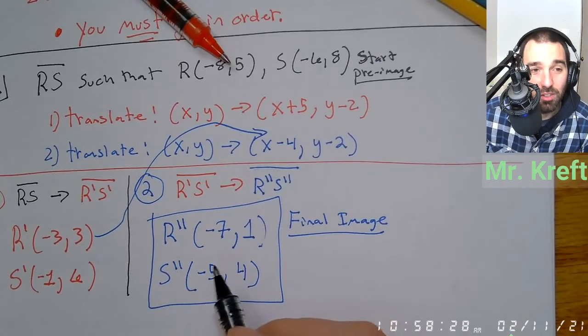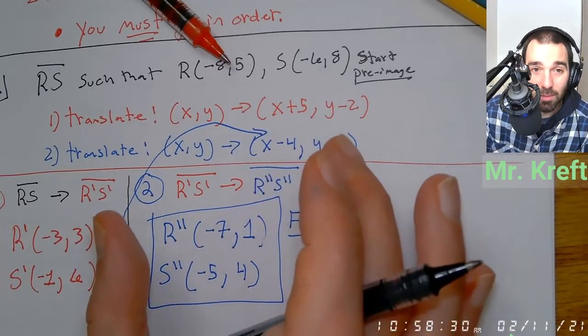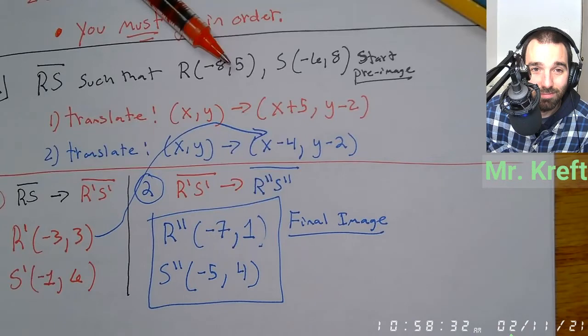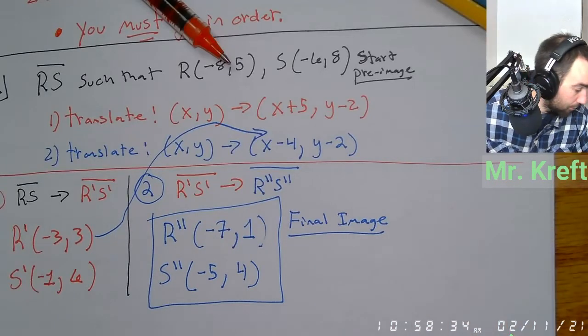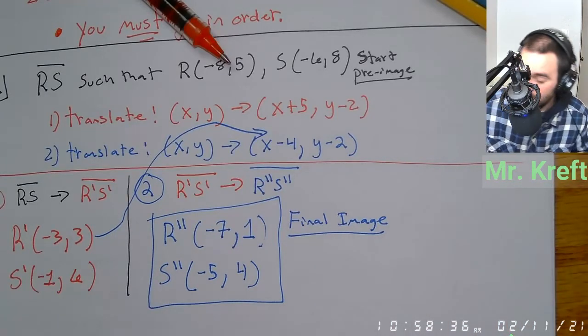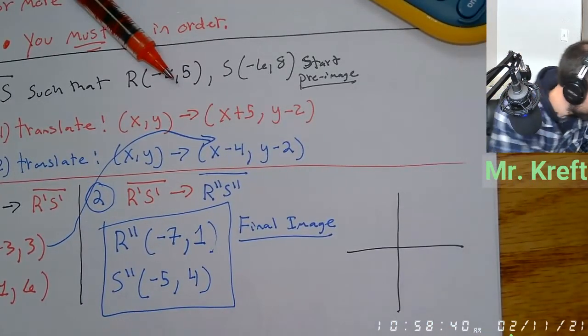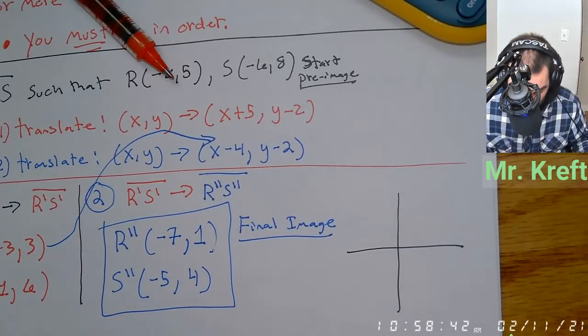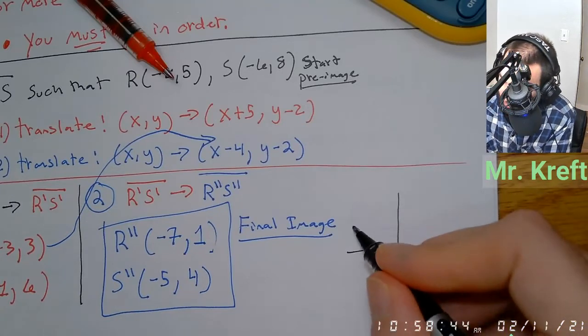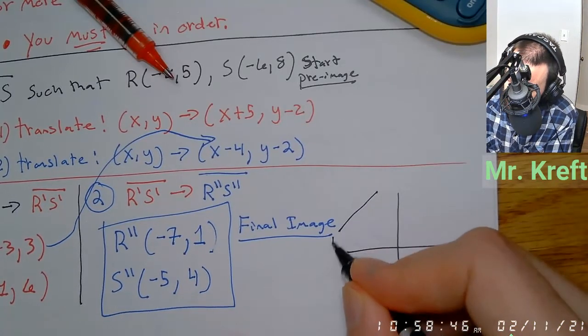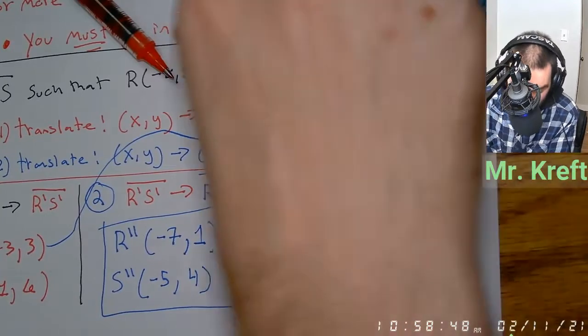Now, I know we don't have the visual for this, but what's happening is we just took a segment and we moved it, right? So if you guys want a picture of this, don't copy this down. Okay? So I'm just going to sketch a really rough graph of this. So what this image kind of looks like, it kind of looks like this.